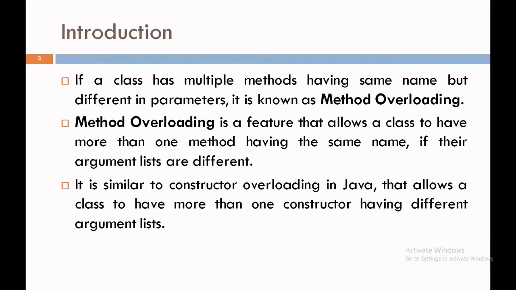It is similar to constructor overloading in Java. In Java, we can also overload the constructor, which allows a class to have more than one constructor with different argument lists. So this is about method overloading.